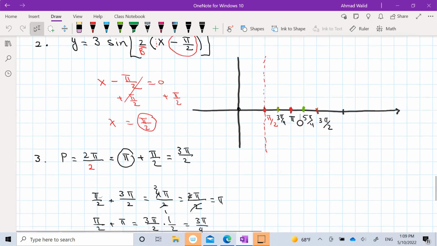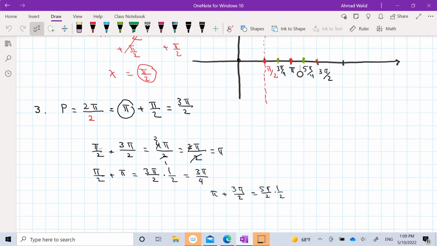We are dealing with sine. With the sine, we know our zeros are at the endpoints. It means here, center, and also end, which is 3 pi over 2.